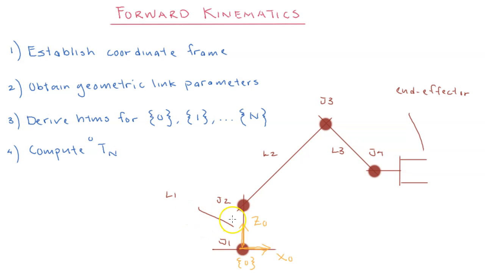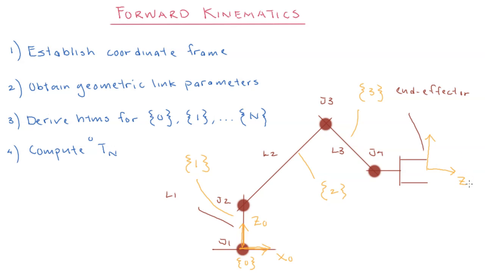Similarly, we have to establish a coordinate frame for link number 1 here. So we'll be establishing coordinate frame 1 that is affixed on link 1. We'll be establishing a coordinate frame for link number 2, and so on. And here there'll be a coordinate frame 3, and finally there'll be a coordinate frame here as well.